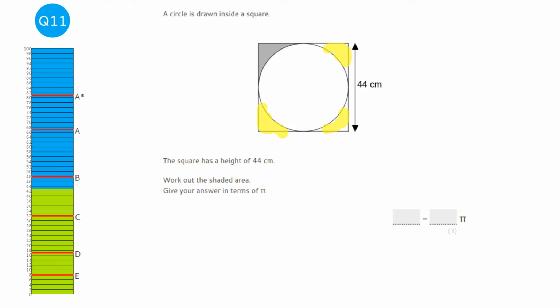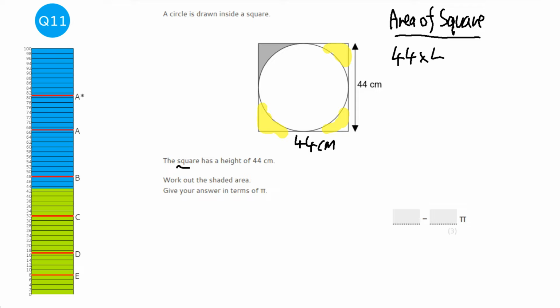So we're going to start off by working out the area of the square first. It says it's a square, so we know that that's going to be 44 centimeters as well. So it's going to be 44 times 44. And I can just do my quick grid. There's going to be a lot of 4s involved in this.